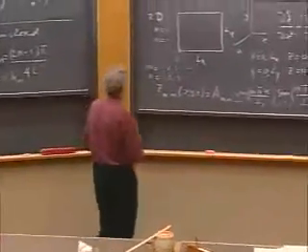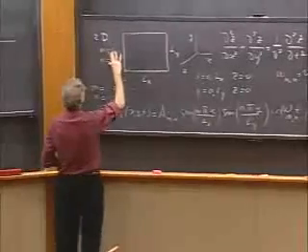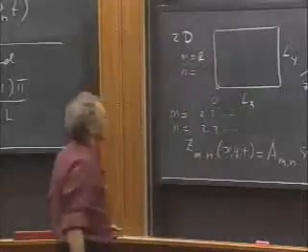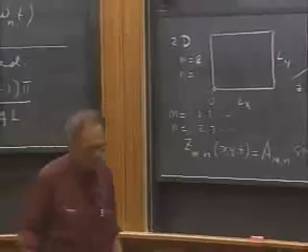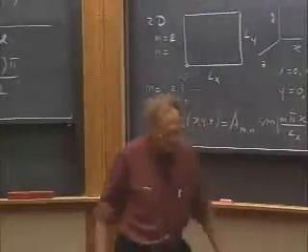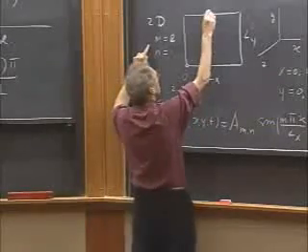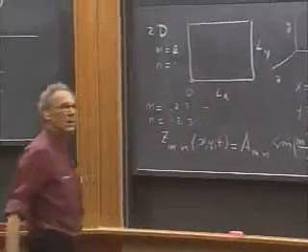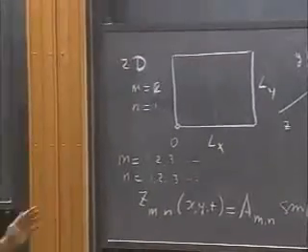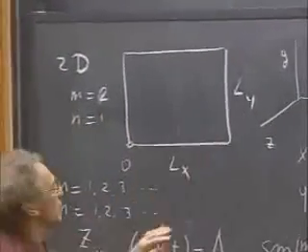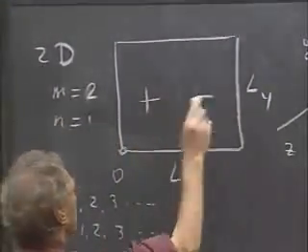If, for instance, we had m equals 2 and n equals 1, then in the direction of m we would have plus and minus. This part would come to you while this part goes away from you, so a plus and a minus.